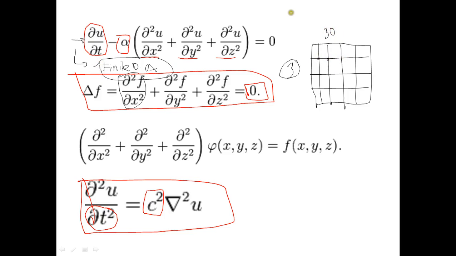We have to solve these 30 equations using a matrix, because we know these are in matrix form. This is the way we can solve the partial differential equation or the ordinary differential equation using the finite difference method in a particular domain. It can be 1D, 2D, or 3-dimensional.